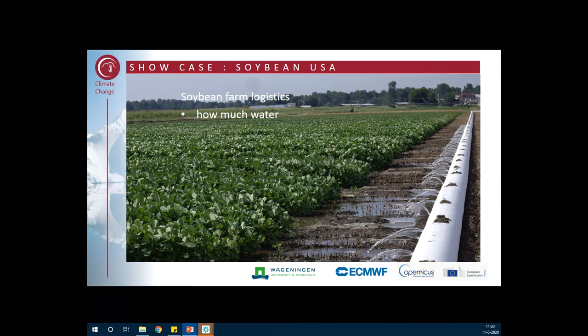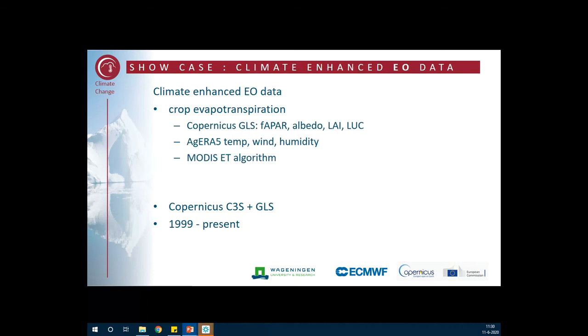At the farmer level, many people, of course, are very much interested in how much water is being used in growing the same crop. So we also have a combination of satellite data together with climate data that can produce rather precise evaporation data.